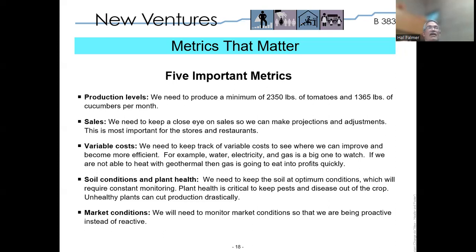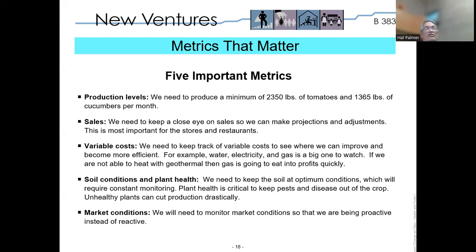Soil conditions and plant health. Obviously, we have to keep a very close eye on these to keep production levels at an optimum. We can't have disease creep in or unhealthy plants, or it's going to affect our production drastically.